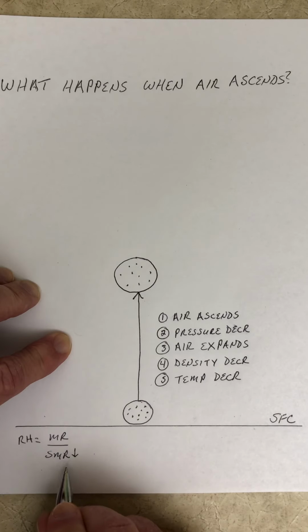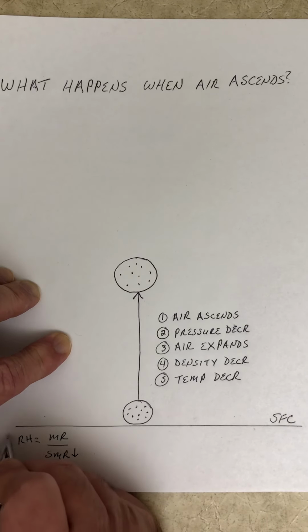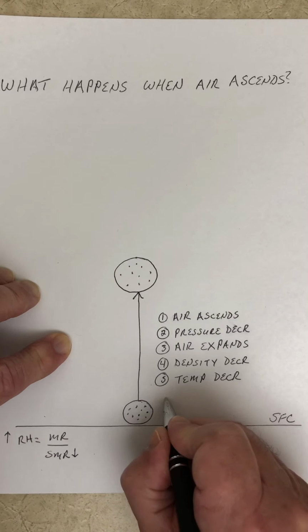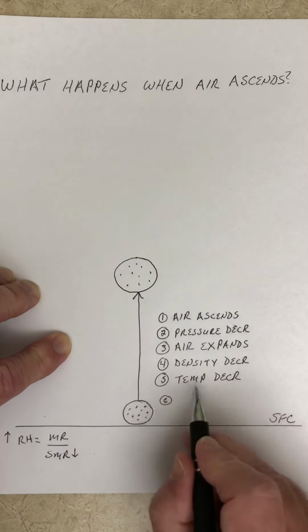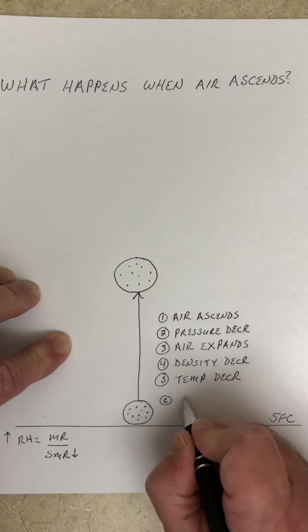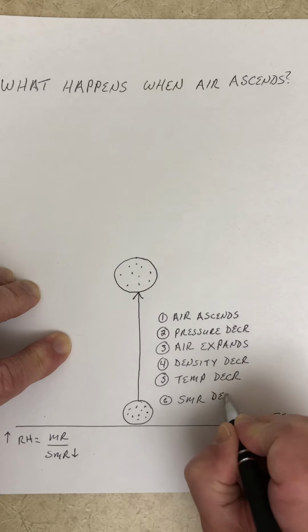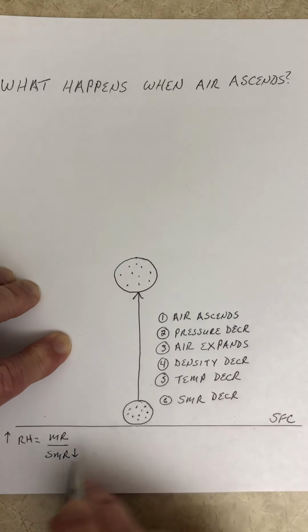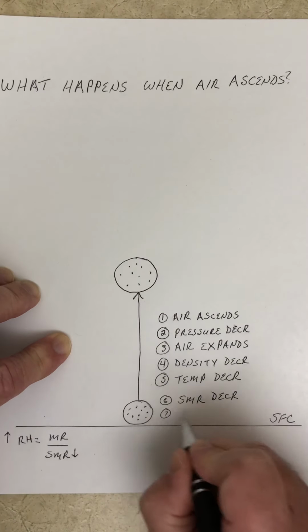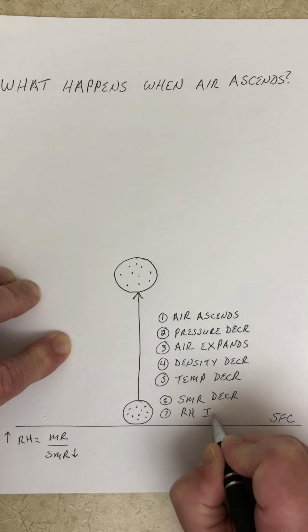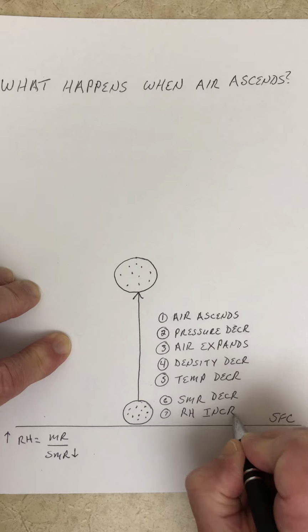And if your denominator decreases, that means your relative humidity is going to increase. So we can add a couple of more steps here. So when temperature decreases, the saturation mixing ratio decreases. And when the saturation mixing ratio decreases, the relative humidity is going to increase as the air ascends.